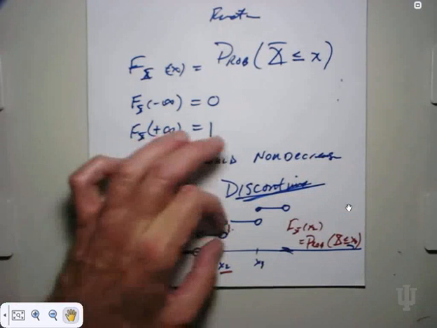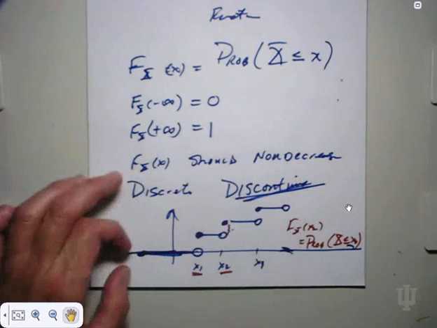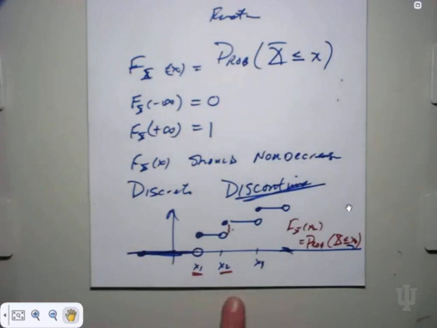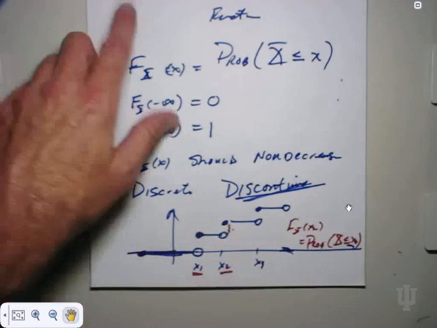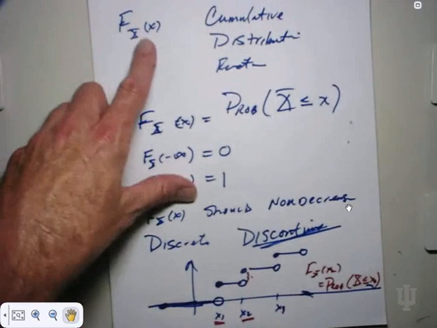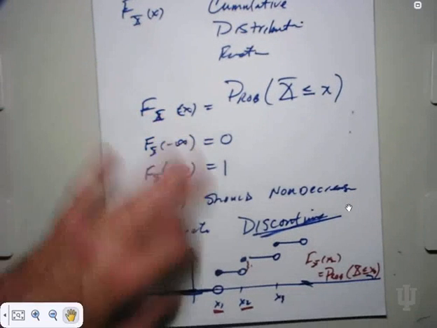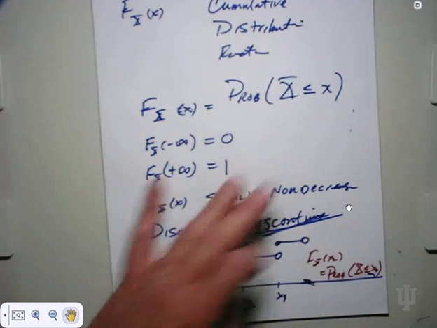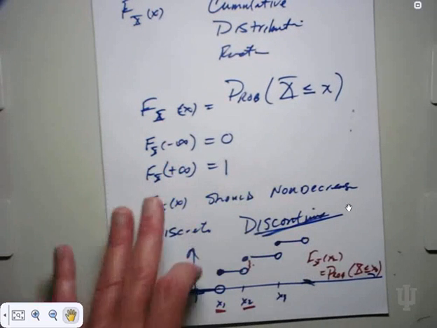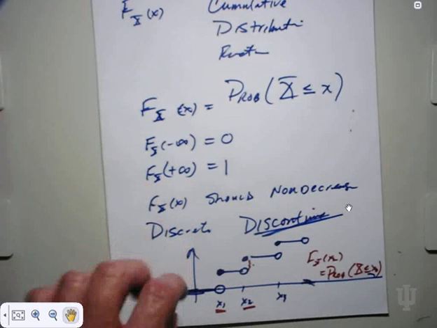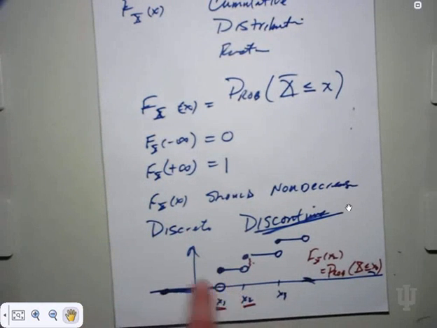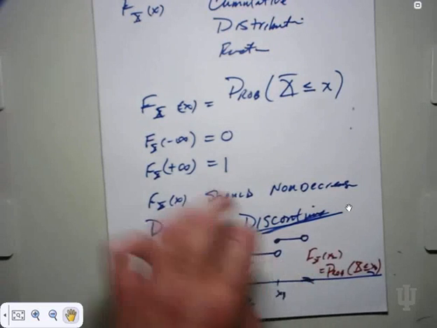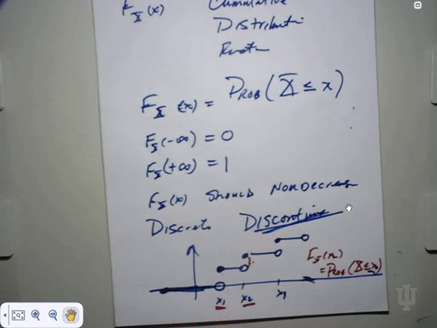And so these jumps literally are telling you the probability at a given point. So you could have a discontinuous cumulative distribution function, and if it consists of just jumps, what you have is a discrete random variable, and you have positive probability at that point. And you can actually calculate the probability at each point.